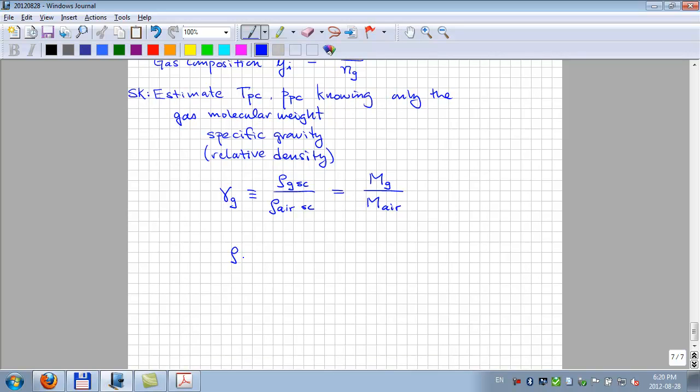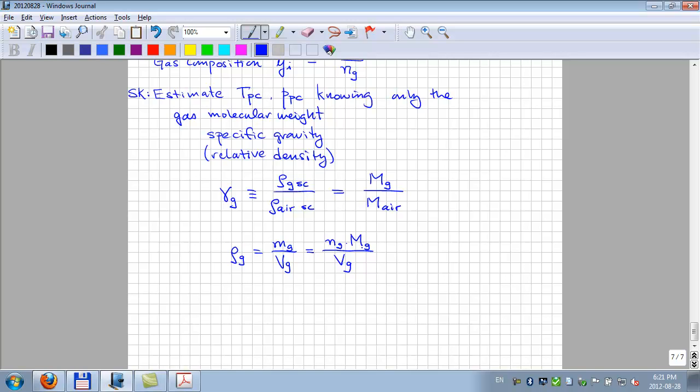That's because gas density, which is the mass of gas divided by volume of gas, is the same as the moles of gas times the molecular weight of gas. We agree? Mass is equal to moles times molecular weight.